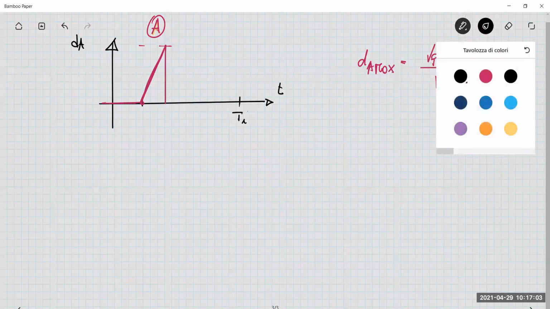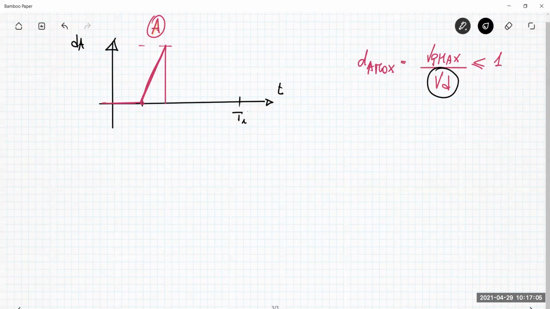So the first thing that you have to do is to choose the voltage VD that I can apply to the bridge. Since VP max is 200 volts, I can choose VD, for example, 250 volts.